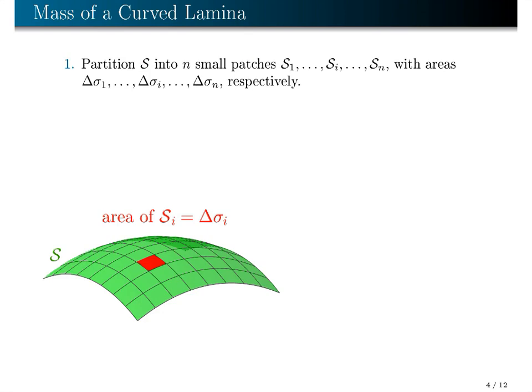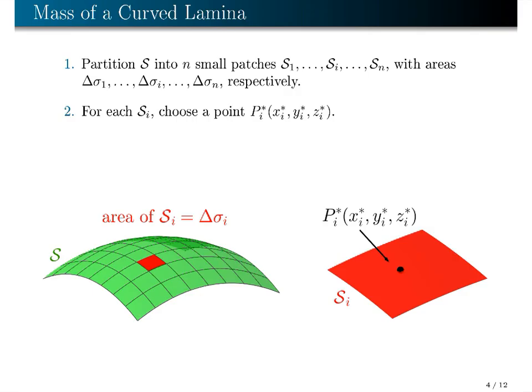We focus on an arbitrary patch, which we refer to as Si, shown in red in the figure, with area delta sigma i. Afterwards, we choose any point Pi star with coordinates xi star, yi star, zi star on each patch Si.